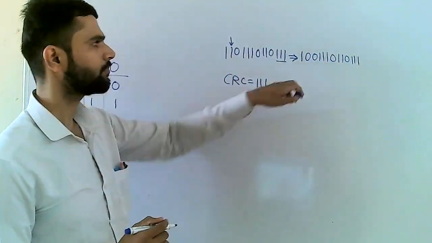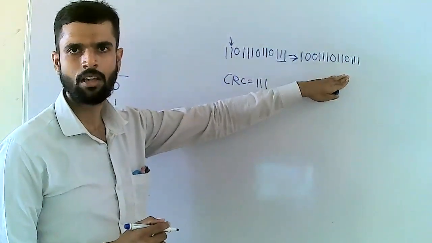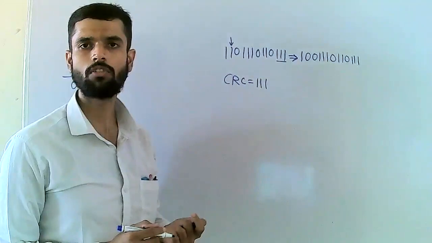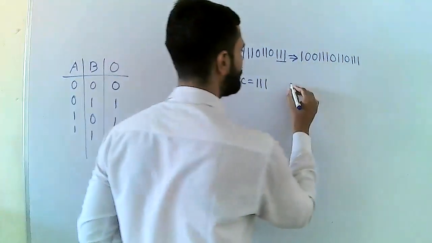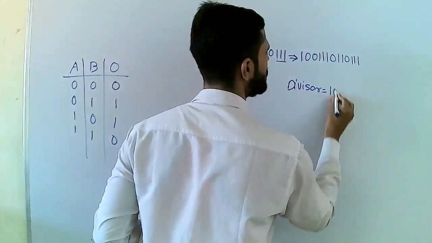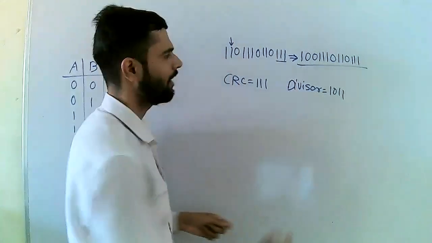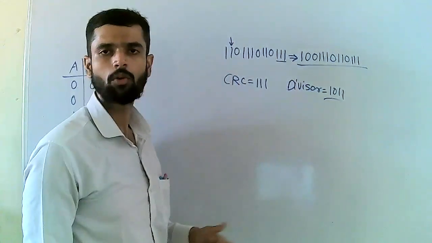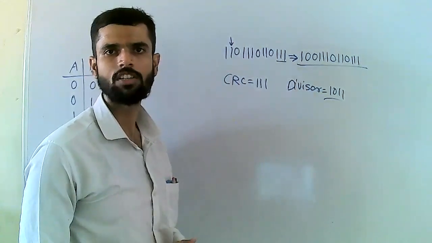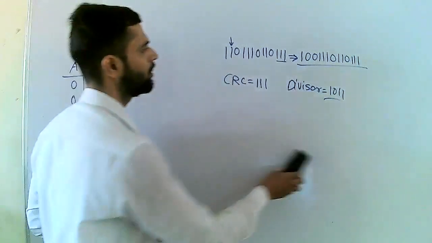Okay, we have just inverted this bit, that is the second bit from the left. Okay. Now using this data stream, and what was our divisor? Divisor equal to what? 1 0 1 1. Okay, using this data stream and this divisor, we have to again perform the binary division.